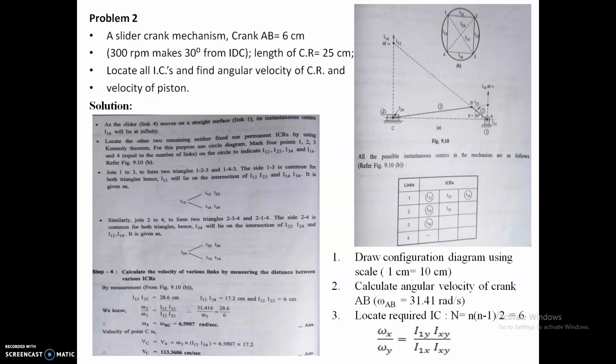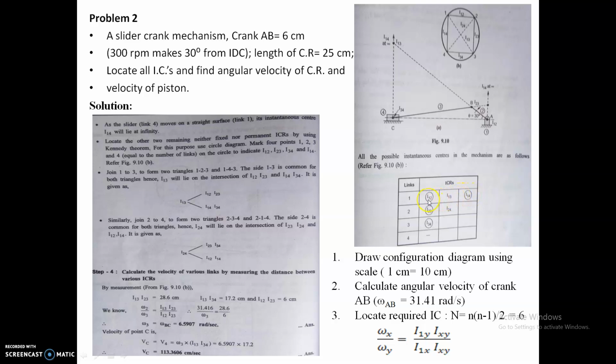So I have written 1 2 3 4 in vertical column and the total number of IC obtained because of these links I have mentioned here on the horizontal. So for link number 1, this is I12, I13 and I14.